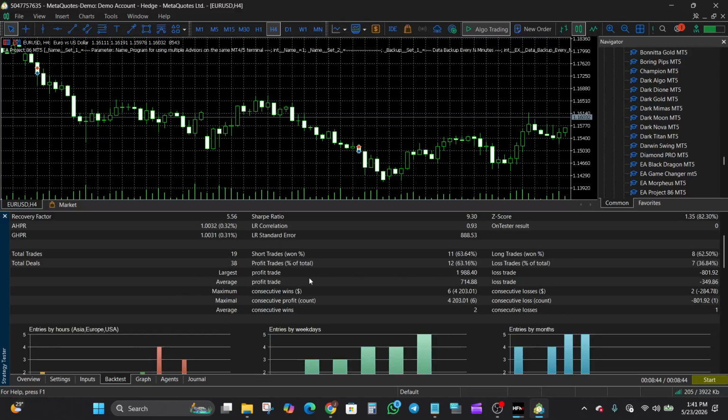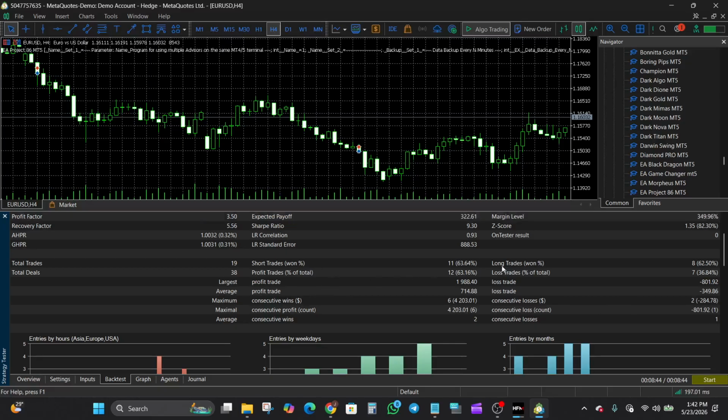Now, looking at the largest profit, we had it at 1,988.4, and the largest loss was $801.92. The average profit is $714.88, and the average loss was $349.86. So this tells me that the risk to reward ratio is pretty good, around 1:2, judging from the average profit against the average loss, right?